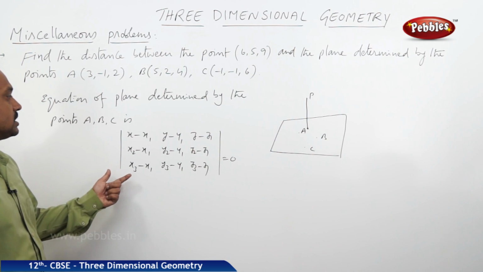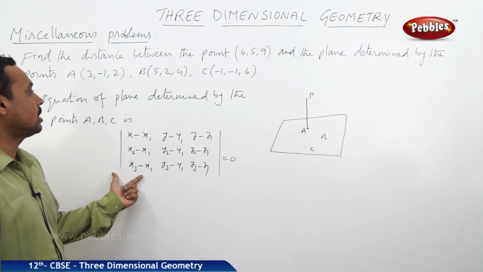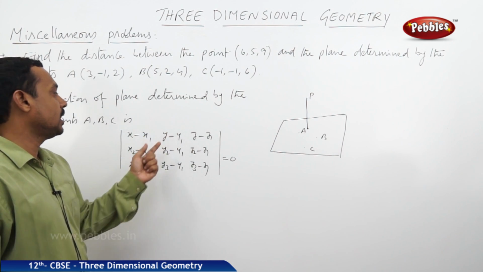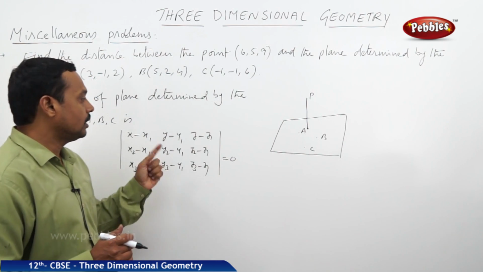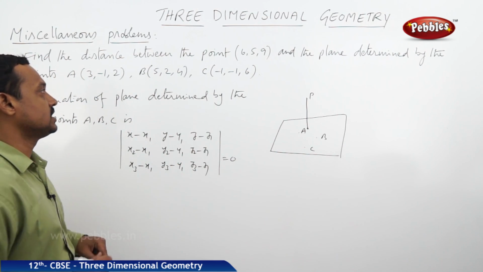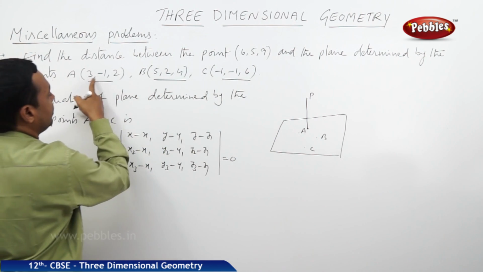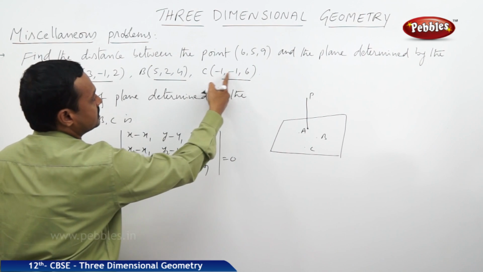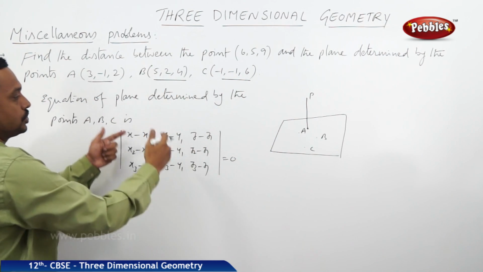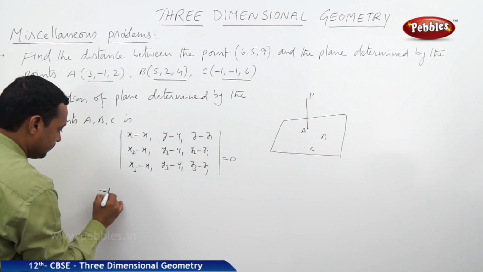Now this is the Cartesian equation of the plane determined by the 3 points x1, y1, z1, x2, y2, z2 and x3, y3, z3. Here the 3 points are given. That means x1, y1, z1, x2, y2, z2, x3, y3, z3 are given. Now substitute them here directly.